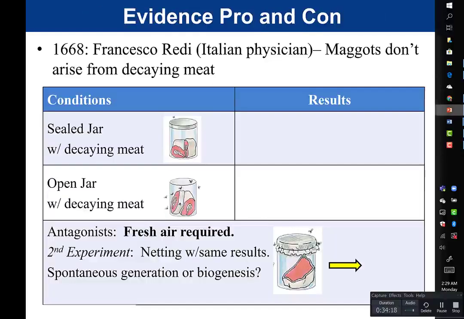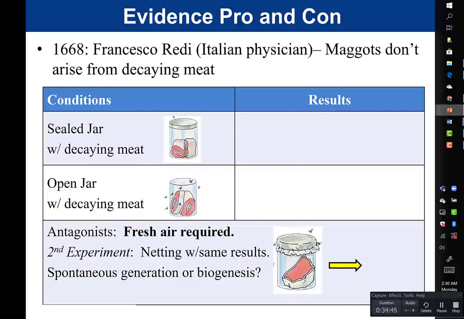So, in 1668, an Italian physician, Francesco Redi, did an experiment using meat and looking at maggots. He took meat and put it in a sealed jar. What he was looking for was, did he see maggots on the meat?